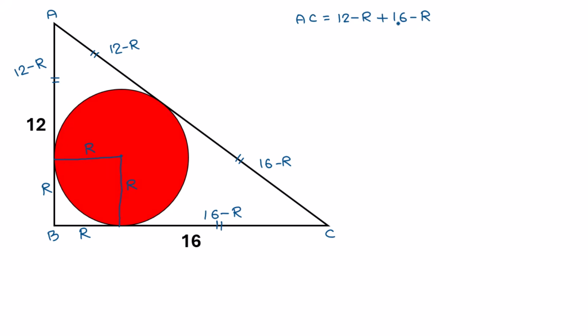This 12 plus 16 is equal to 28 minus this r and this negative r, which will be twice r.